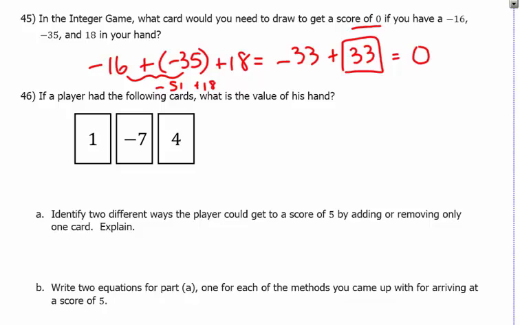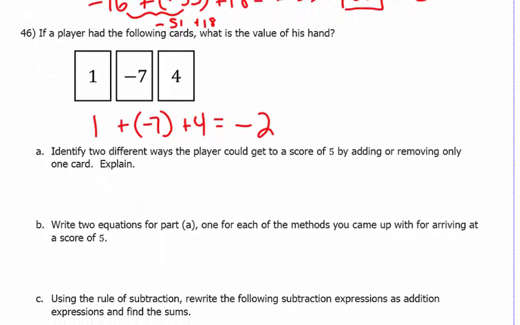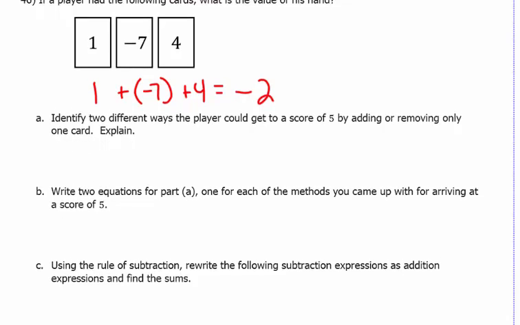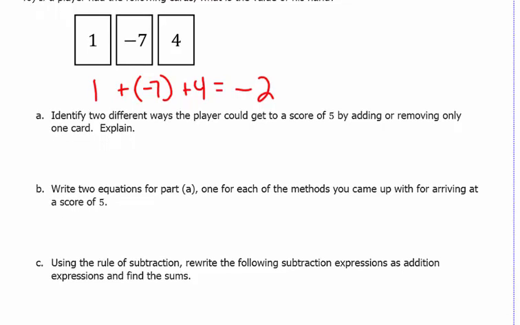If a player had the following cards, what is the value of his hand? 1 plus negative 7 plus 4. Those together is negative 2. So that's the current value. And now it says identify 2 different ways the player could get to a score of 5 by adding or removing only one card.